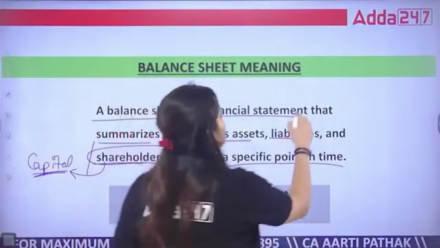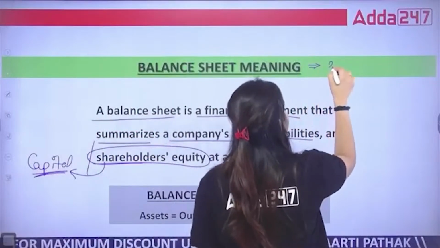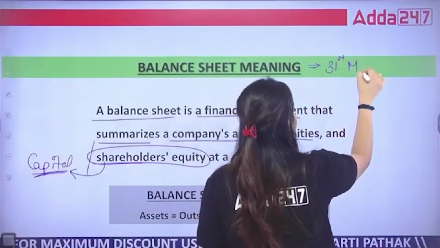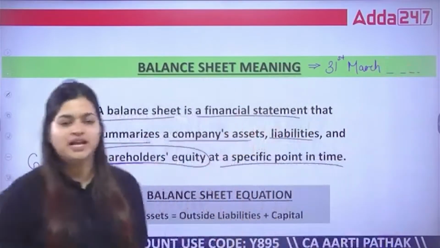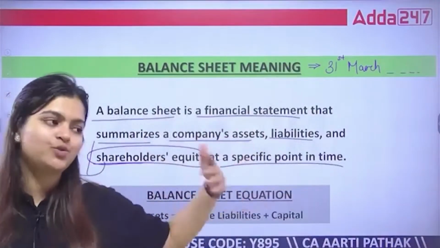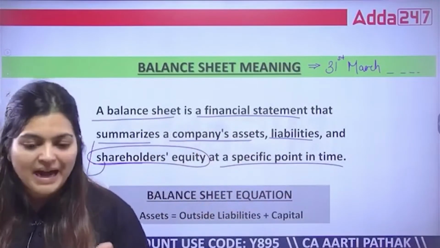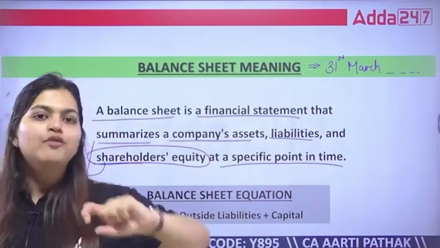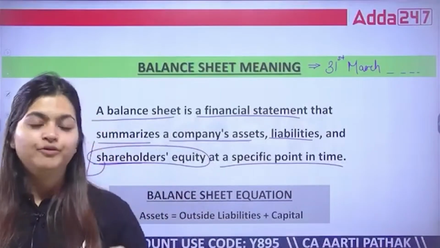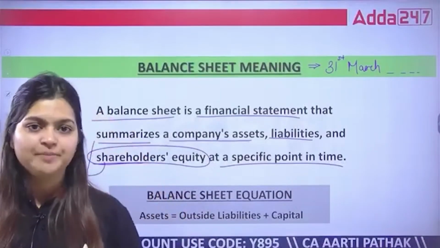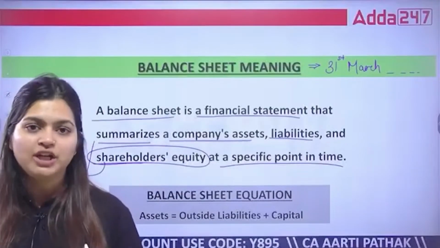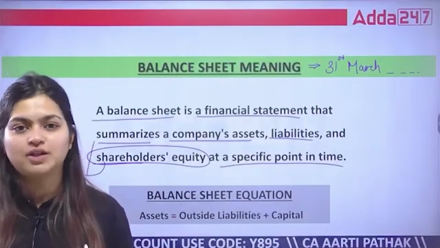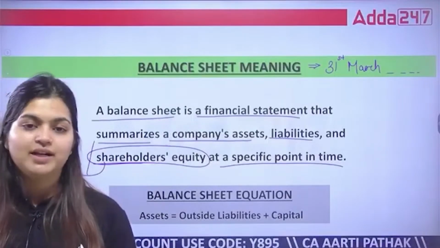Generally you prepare the balance sheet on 31st March, like 2025, 2026, 2024. So a balance sheet is prepared for a particular time period, and it talks about your financial position on any particular day.